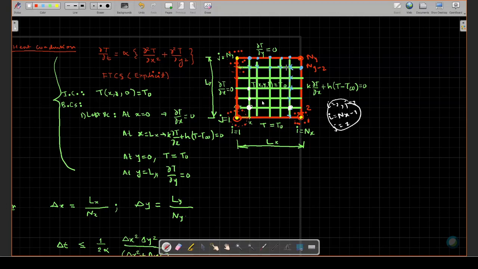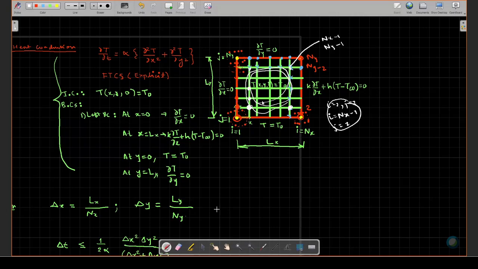So like this, if you go to all the points up to this, all these interior points, they will be running from 2 to ny minus 1 in y, and in x up to nx minus 1, and this final point is the point i equals nx minus 1 and j equals ny minus 1, isn't it?